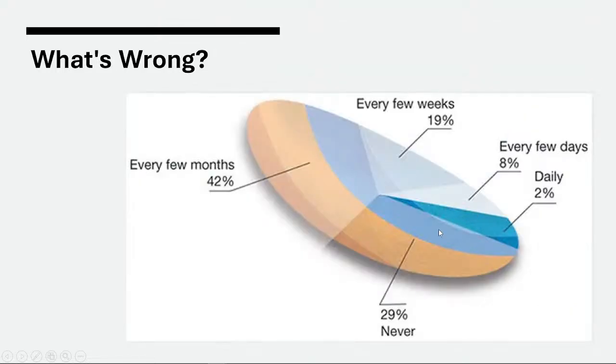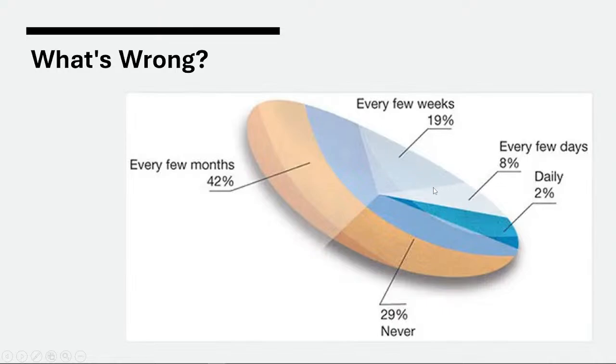This one, as I mentioned before, good cues. This is getting more design focused, but this looks like a pie chart that's turned at some sort of angle. Here is a pie slice that's 2%. Here's one that's 8%.